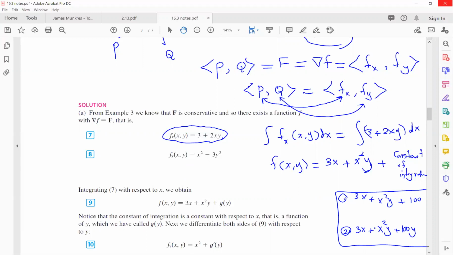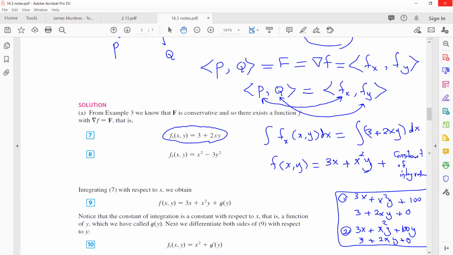The partial derivative with respect to x is 3 plus 2xy, and as you know, the derivative of a constant is 0. Since the last term has no x in it, it's going to be 0.